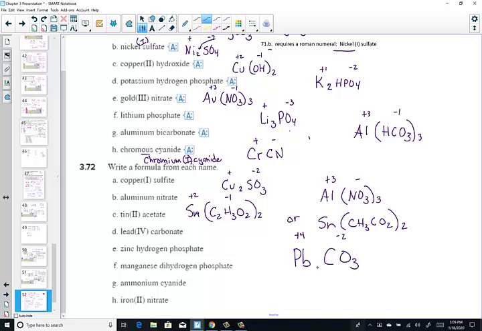When you crisscross, we would get Pb2(CO3) taken 4 times. But that would get marked wrong because we can reduce that ratio, and if you can, you need to. So Pb(CO3) taken twice. We want the 1:2 ratio instead of the 2:4 ratio. Lowest ratio possible.